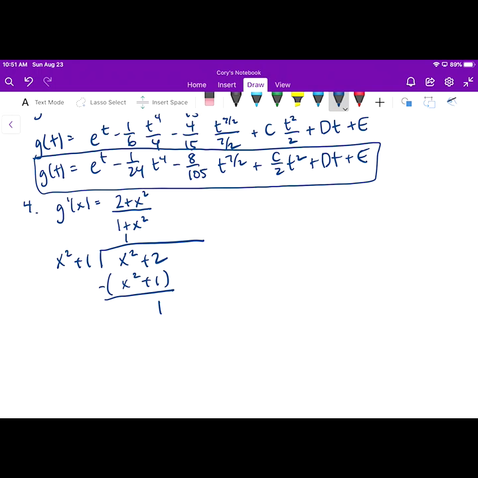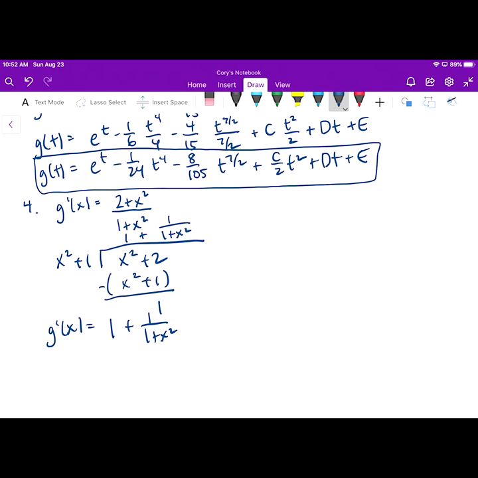And what we can do with that remainder is write it over what we're dividing by, which means I can take g prime and rewrite that function as 1 plus 1 over 1 plus x squared. That is equivalent to the function that we started with.